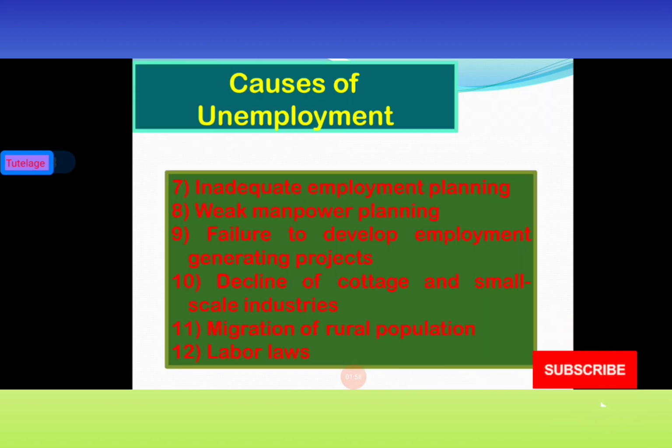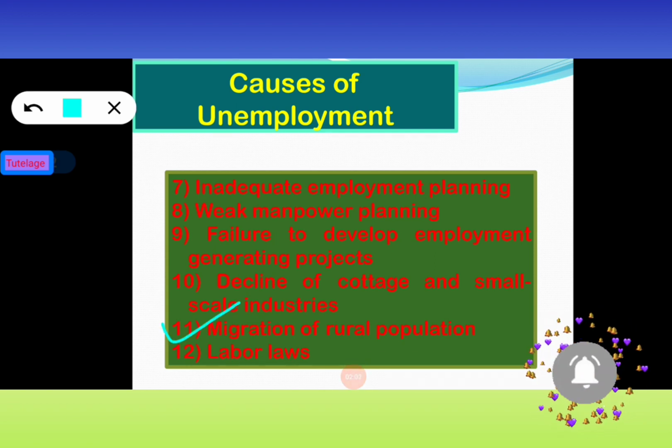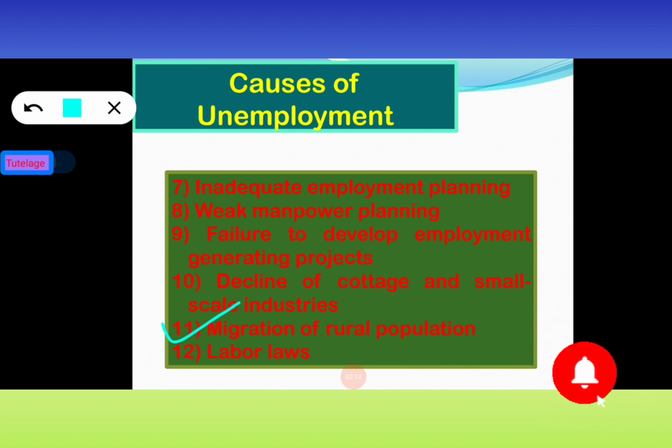So now move on to the next point, that is migration of rural population. We have already told in our last cause that a large number of people have left their traditional jobs, and that's why rural unemployment is increasing. And here we can see our next point, that is migration of rural population.